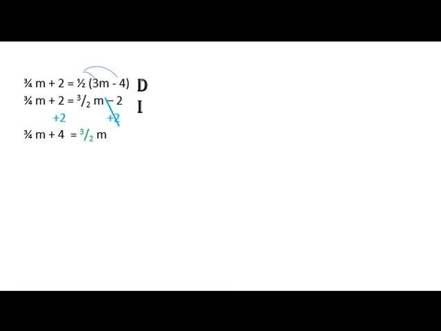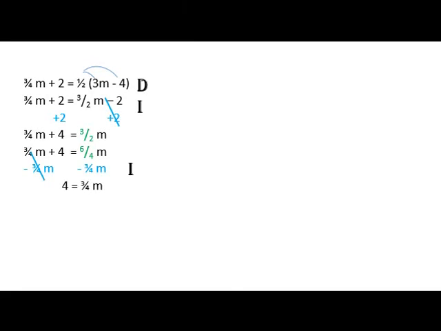That 3/2 m doesn't have the same denominator as the coefficient on the left. So I'm going to change it to 6/4 so that both coefficients in the equation have the same denominator. Now I can use the inverse operation and subtract 3/4 m from both sides of the equation.